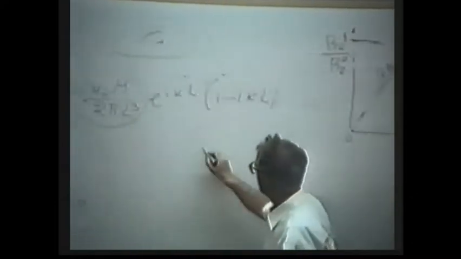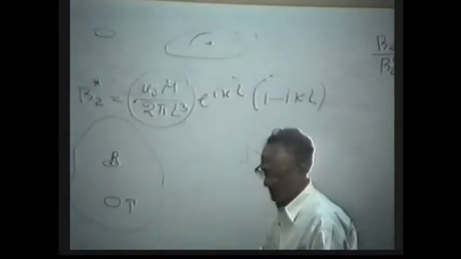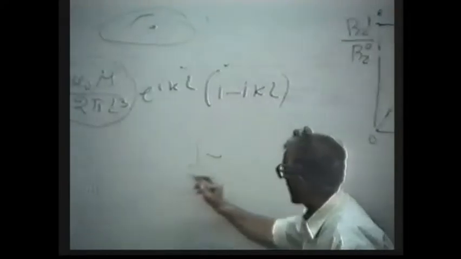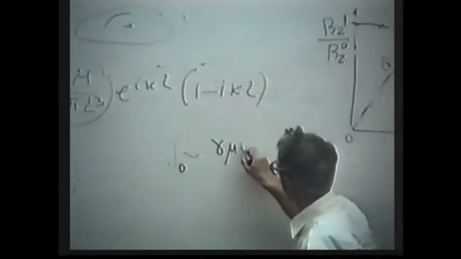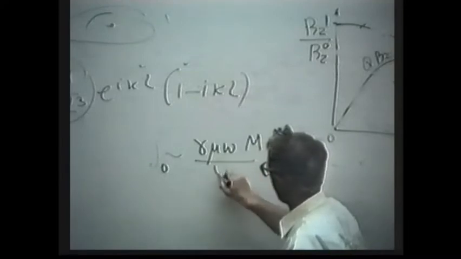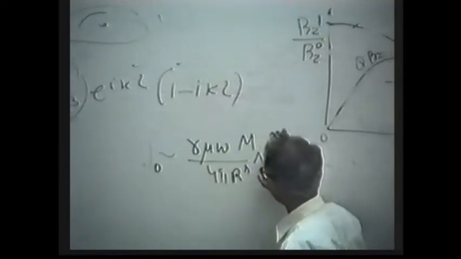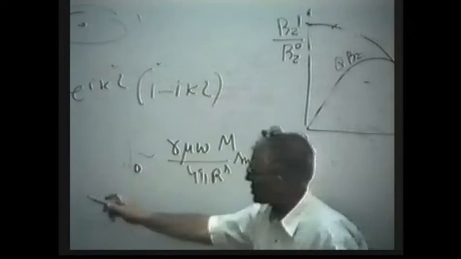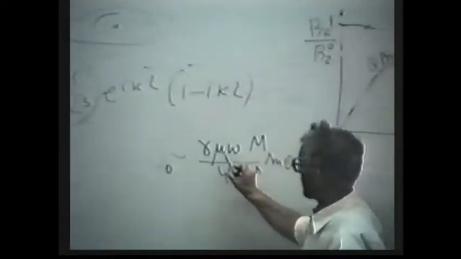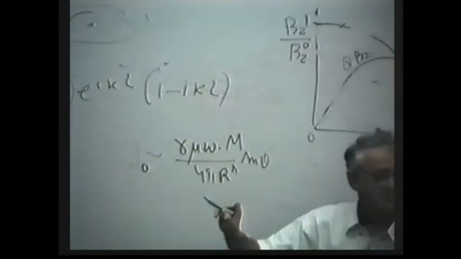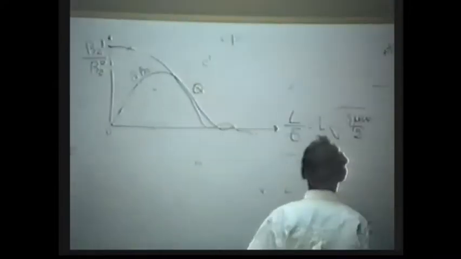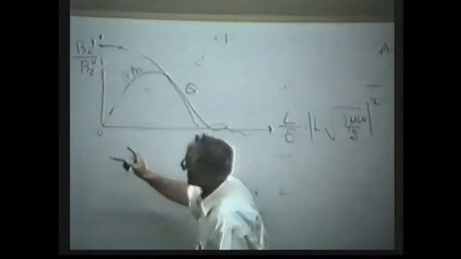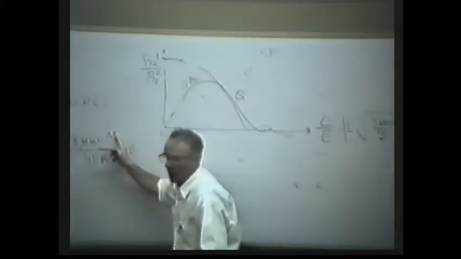Because induced currents I naught equal gamma mu omega m over 4 pi r squared sin theta. So here currents are proportional to gamma mu omega. So let me take it squared in order to remove misunderstanding. So gamma mu omega.